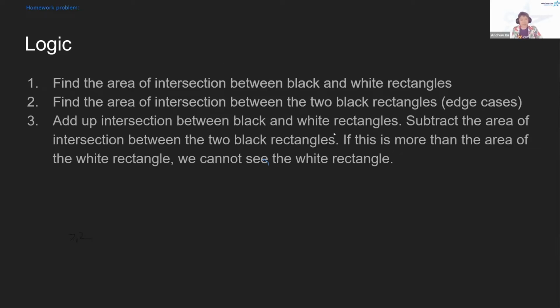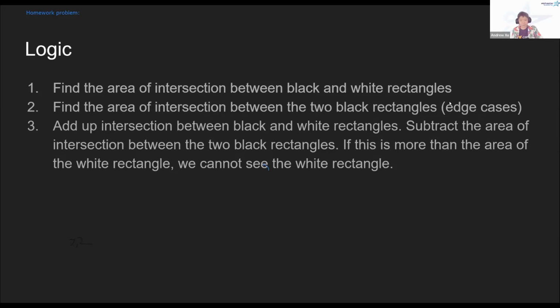If this is more than the area of the white rectangle, then you can't see the white rectangle because the area of intersection is just going to cover all of it.